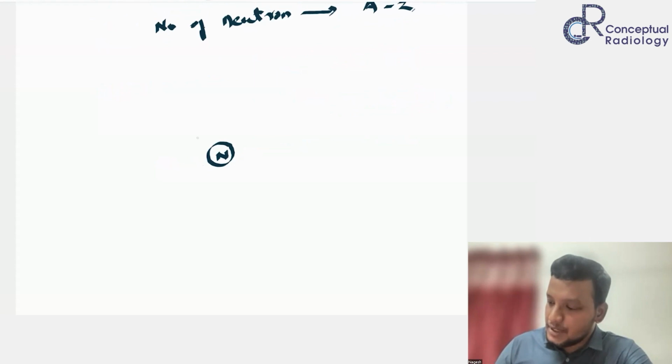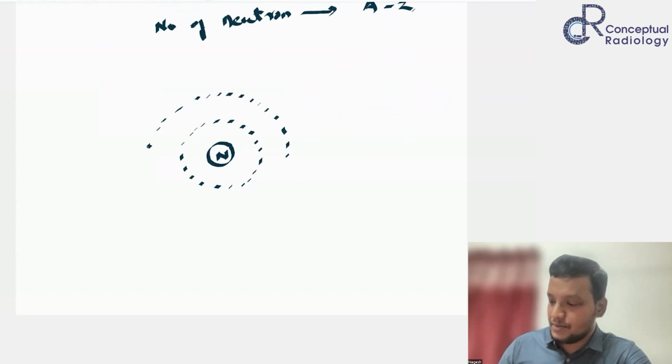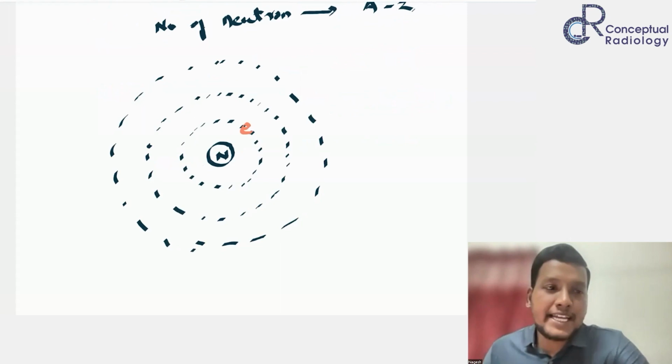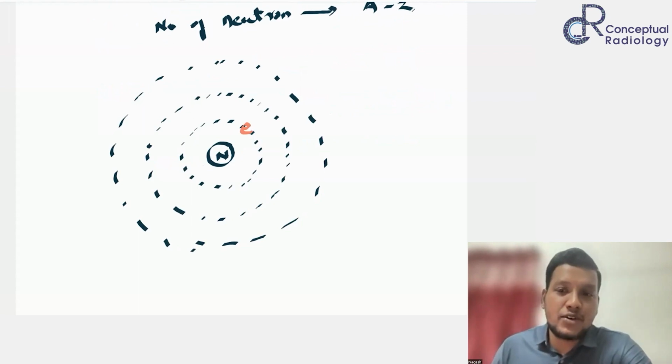Within the atom, this is the nucleus. Surrounding the nucleus are the orbiting electrons. These orbiting electrons are arranged in definite orbits called energy shells.